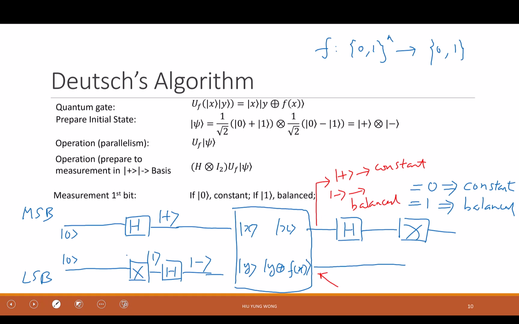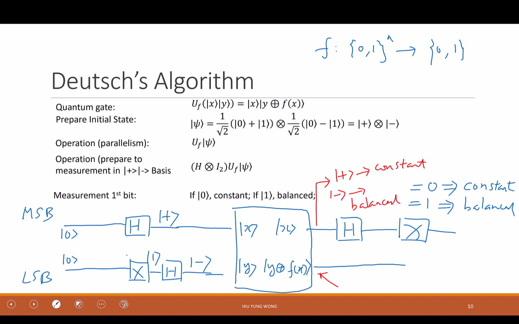Did I say something wrong? Say again. When you measure in the plus minus basis, it's equivalent to applying Hadamard gate and then measure in the 0, 1 basis. Is that okay? Because if it is plus, after Hadamard gate, it is 0, right? So if I were able to measure in the plus basis, it means that in the spin case, I rotate the magnetic field and measure in the x direction. I try to see what is plus or minus.